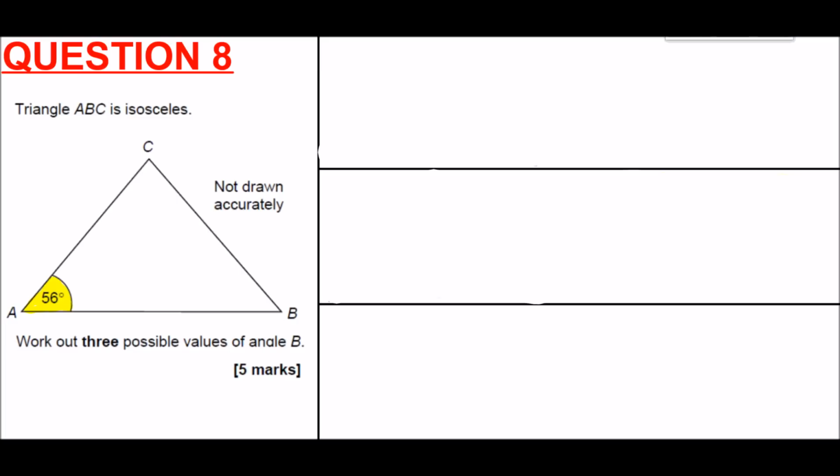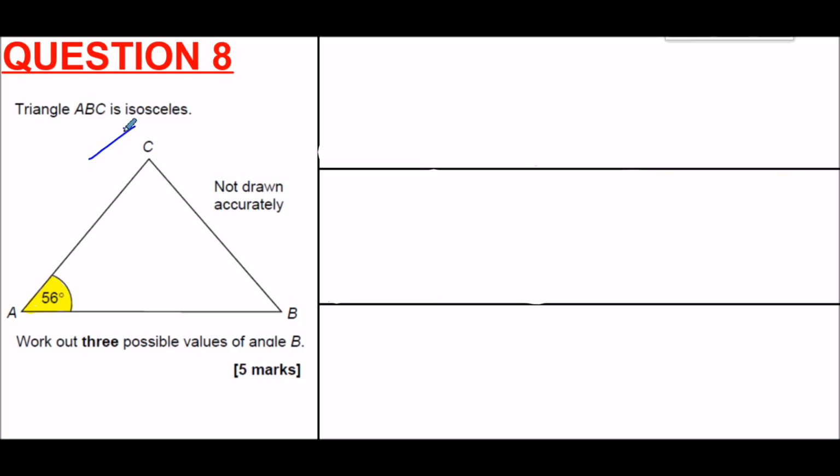Question 8 involves an isosceles triangle ABC, and one angle we've been given. So the angle at A is 56 degrees. We've not been told what C is or what B is, and so it's our job to try and find out what C and B could be. So what I suggest we do first of all is think about what isosceles means.